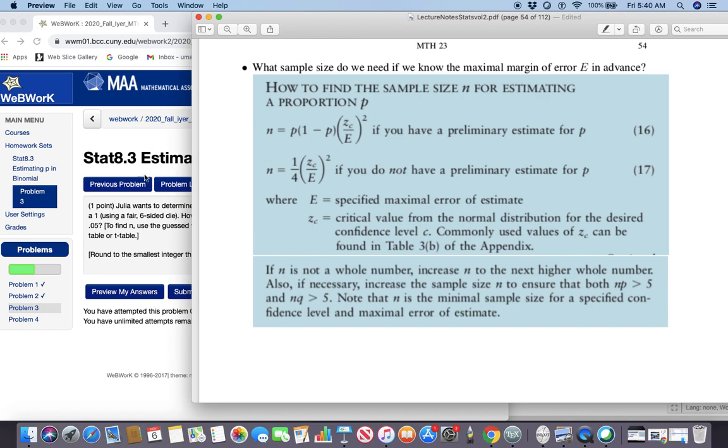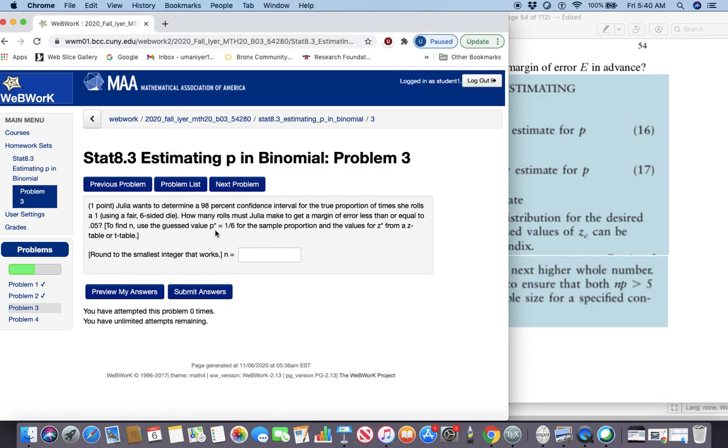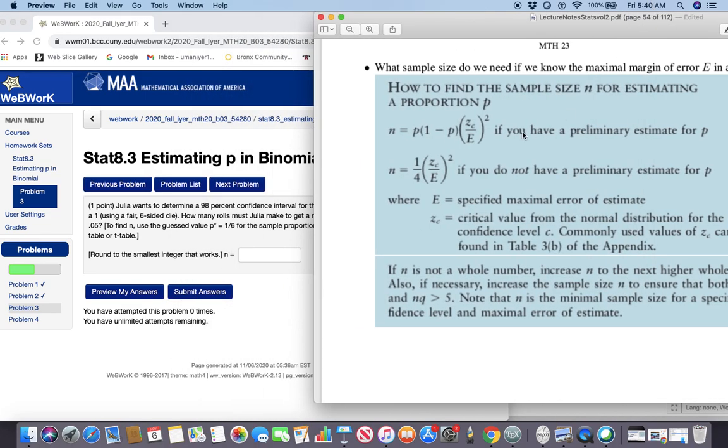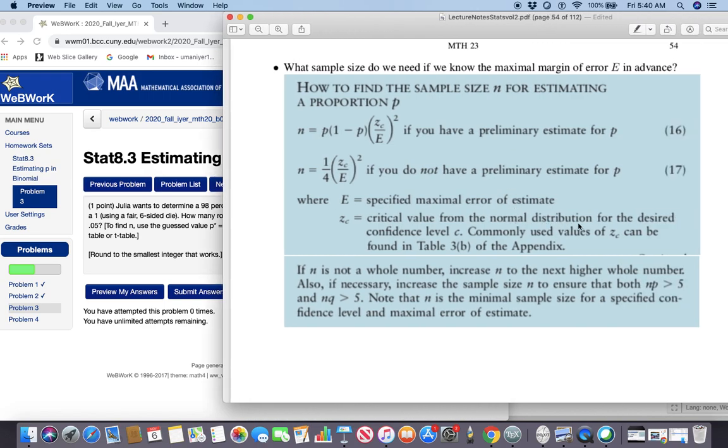Okay, so in our case we have a preliminary estimate, so we are going to use the first formula with that as your p. Now you need z sub c. What is z sub c? It is the critical value for the desired confidence level.